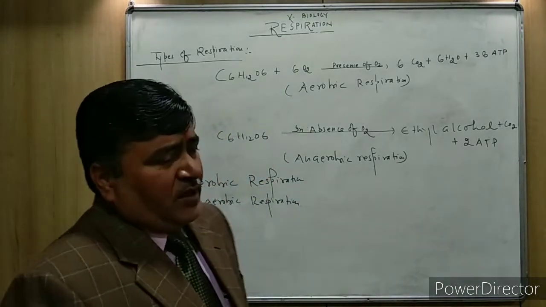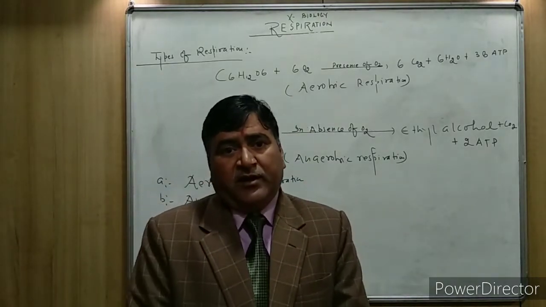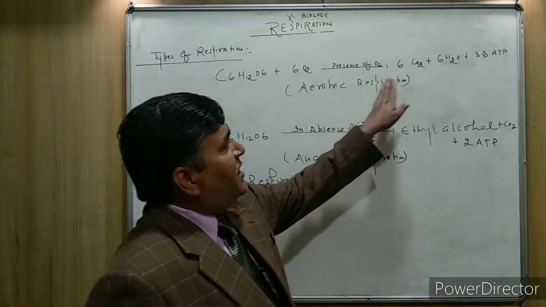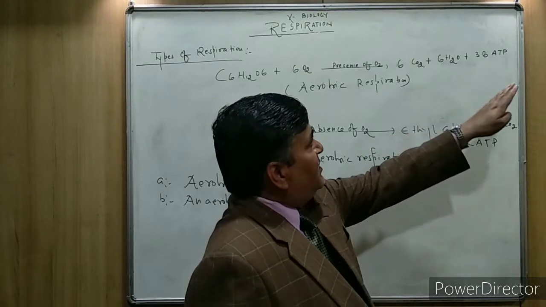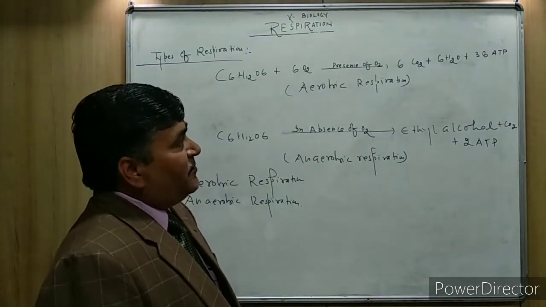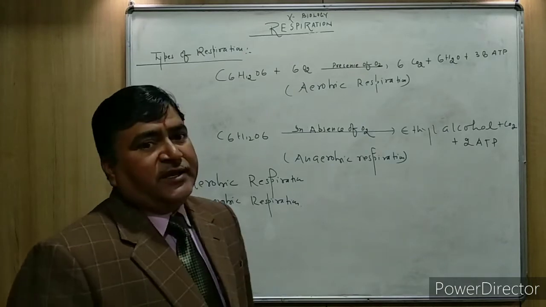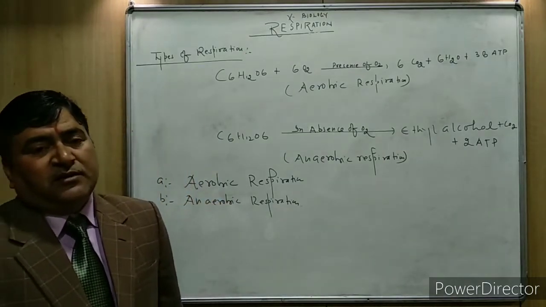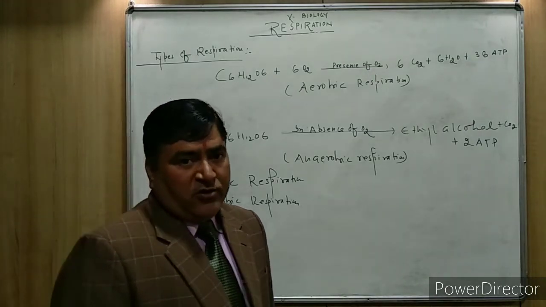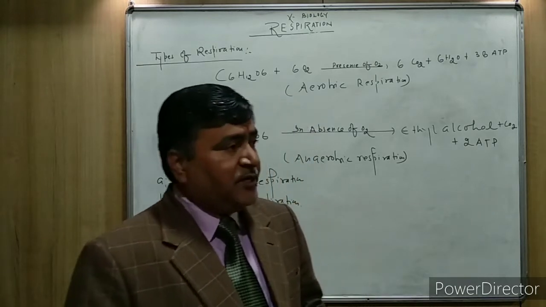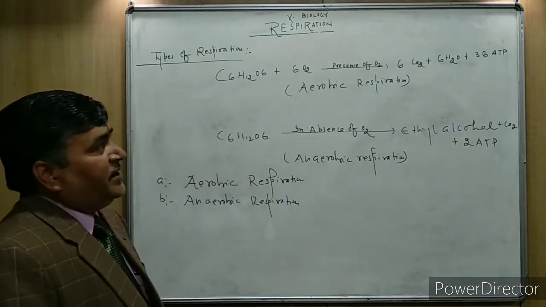Respiration is the process of the breaking down of the glucose in the presence or absence of oxygen to produce the energy. Without energy, we are unable to do our work, and only during the process of respiration we can get energy.